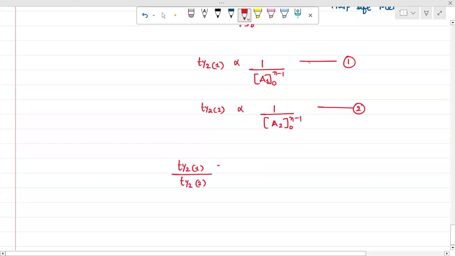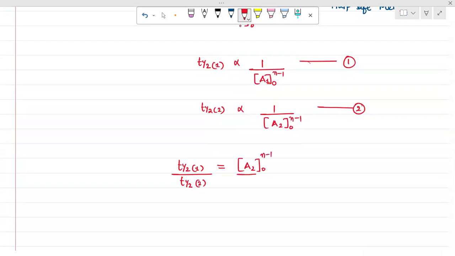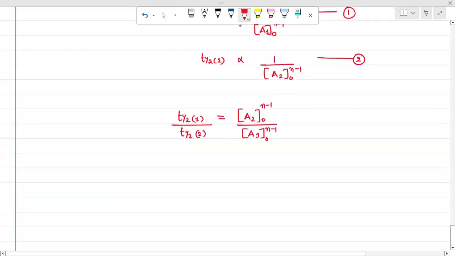After rearranging this becomes A2 initial to the power n minus 1 divided by A1 initial to the power n minus 1. Correct?